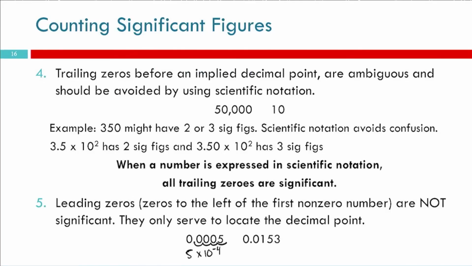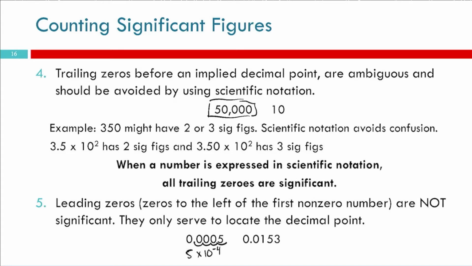But this is a point I want to make because in my class this summer, there were some students who just couldn't grasp this. If there's no decimal point, the number of significant digits is ambiguous because we do not know which one of these zeros for this 50,000 is the level of precision.